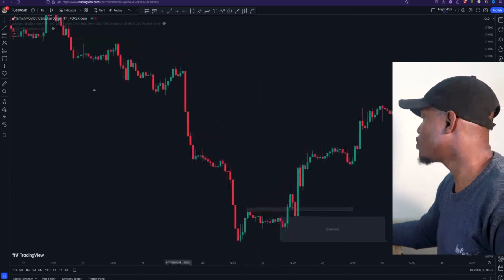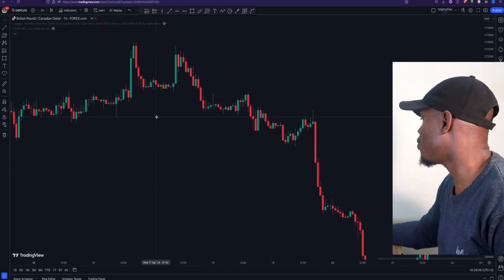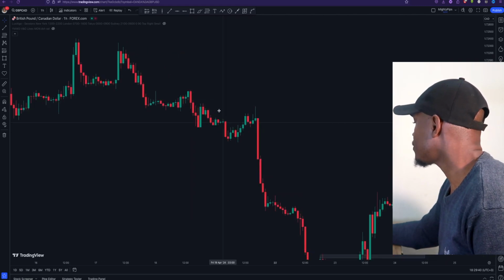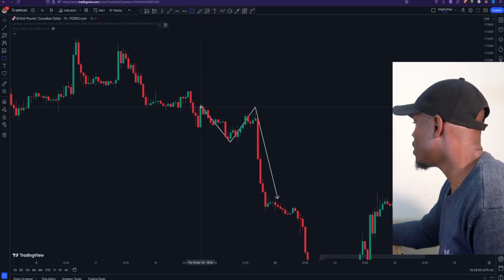Okay, so I want you to go and try to practice finding these areas on your technical price chart. Okay, you can even see here also price comes down here below this low, here stops, goes back to pick up more orders, and look at how aggressively it sells off. Okay, so you can say that this area here becomes your supply.